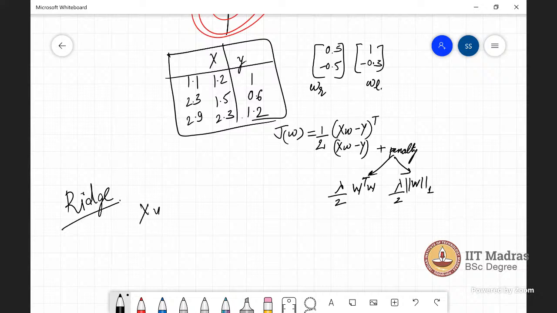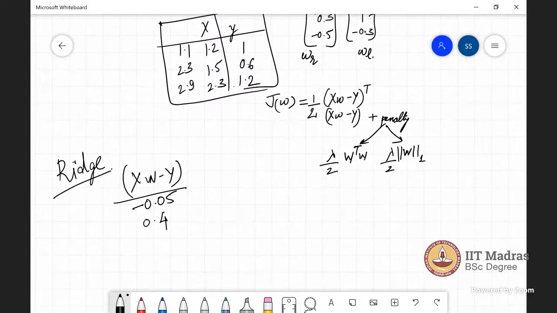So xw minus y, if we calculate it, will turn out to be minus 0.05, 0.4, 0.3. Is this calculation correct?